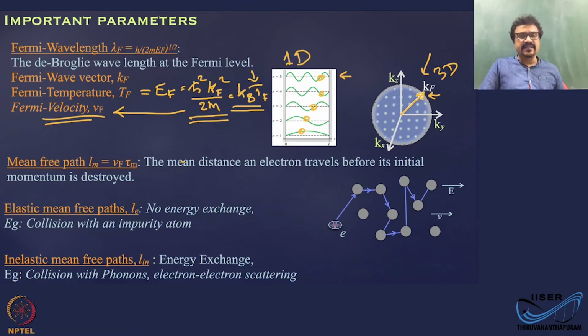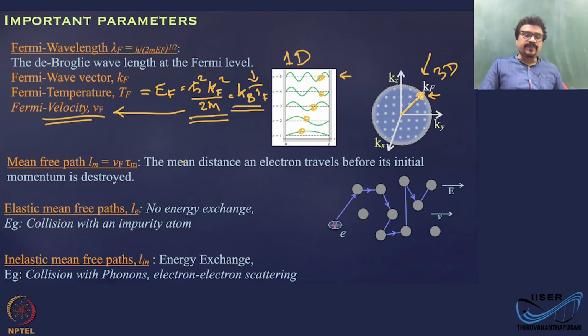But in general, the electric field that you're talking about in transport is really, really small compared to the Fermi energy. So you can think that the potential due to the electric field is negligible.